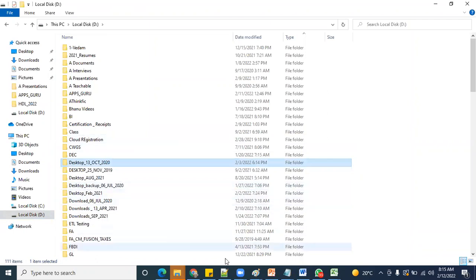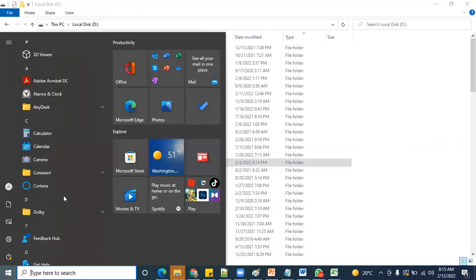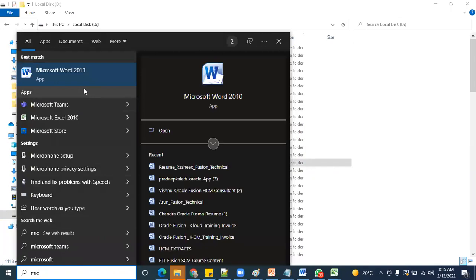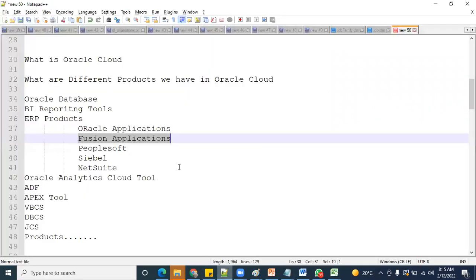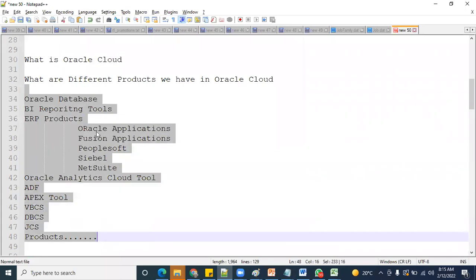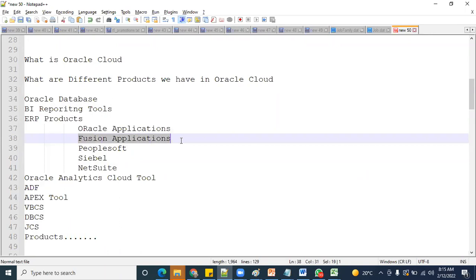For example, in this system, I have Microsoft Office, Microsoft PowerPoint, Teams, Store. Like that, in Oracle servers also, there are a number of tools. So Fusion applications is one of the ERP tools or ERP products. That is the difference.